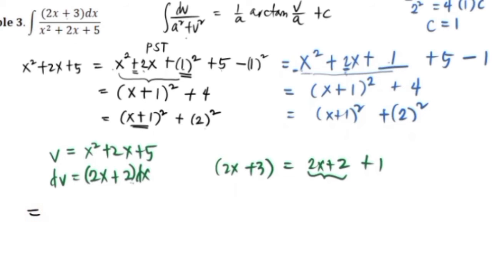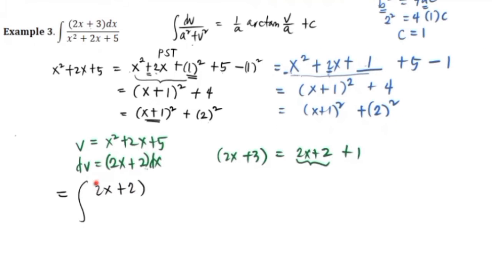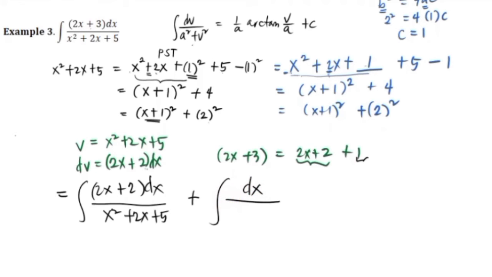So, we would have the integral of (2x plus 2) dx over yung expanded form x squared plus 2x plus 5. At itong 1 na hiniwalay natin would be plus the integral of 1 dx, over yung denominator nito will be this form here, so that would be (x plus 1) squared plus 2 squared.